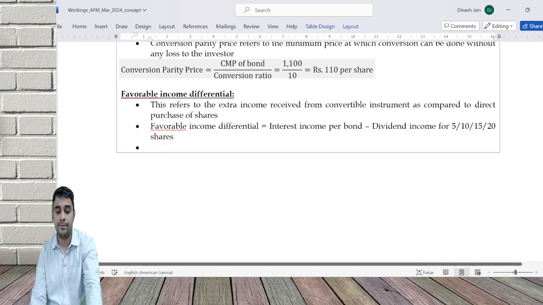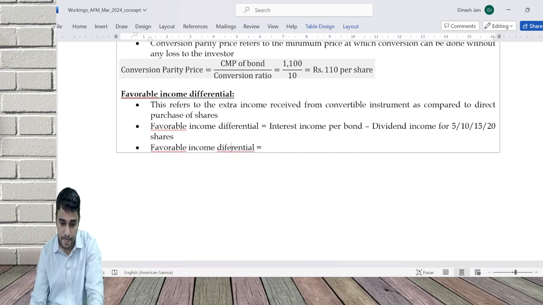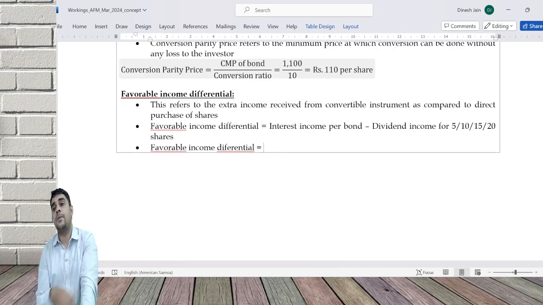In our example, favorable income differential is equal to what is the interest income per bond? Rupees 20.